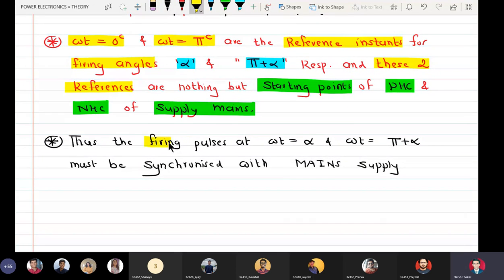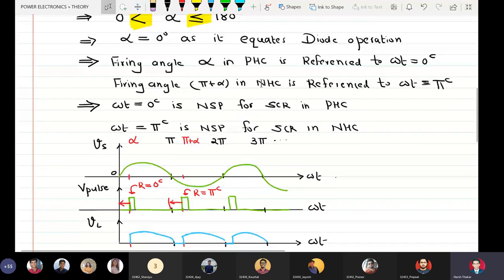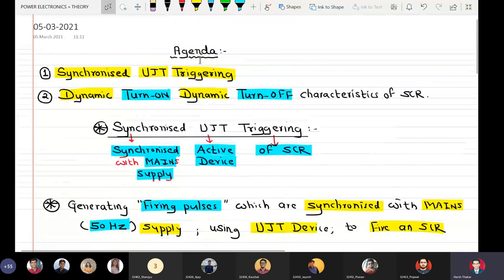I hope that the need of synchronization is very clear now.